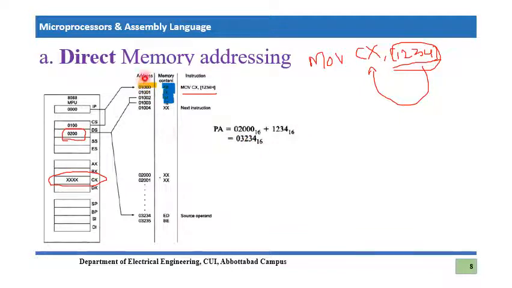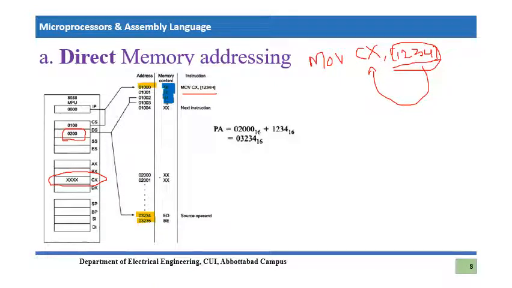This location in the memory is displayed here. Look, that is our 03234 location. But wait a minute, we have to move this value to the CX register, and CX is 16-bit information, but this physical memory location contains only 8-bit information. That means the next location is also needed, which is this one.